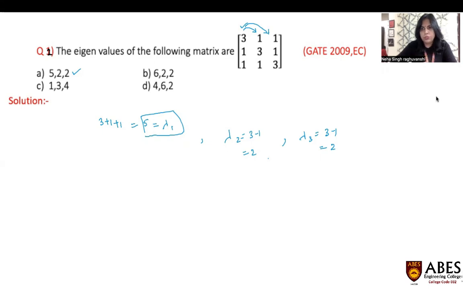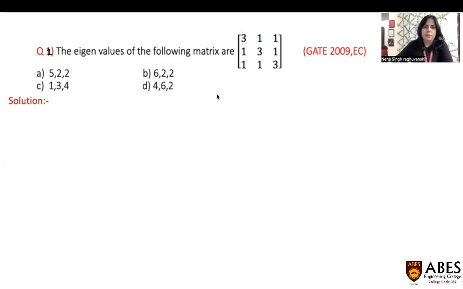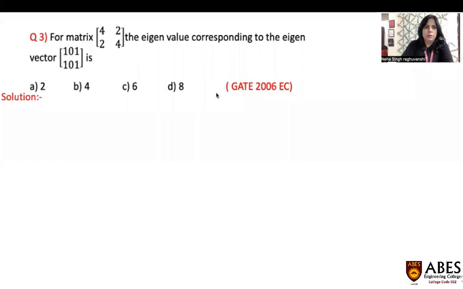Now come to the next question, that is question number 3. In this question, you can see a 2 by 2 matrix, and we need to find the eigenvalue corresponding to the eigenvector. It means we are given a matrix A and a vector, and we need to find the value of the eigenvalue, that is lambda.